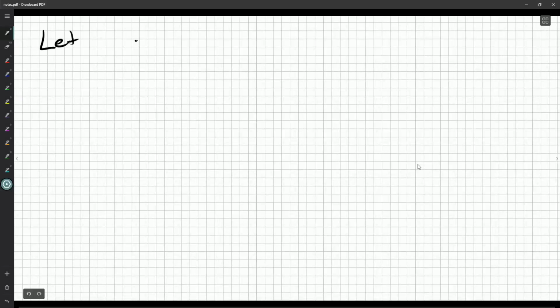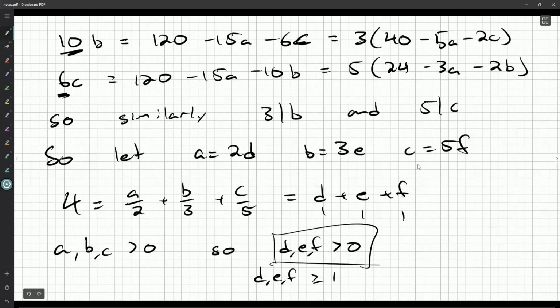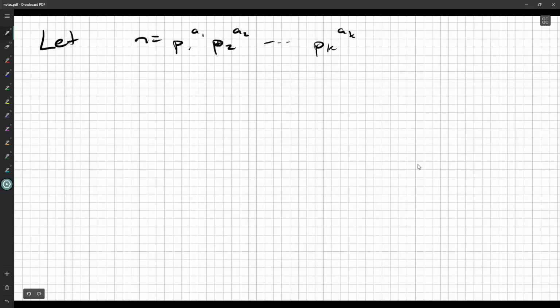So let's be general. Let's start with n is p1 to the a1, p2 to the a2, and so on. I don't know how many primes we're going to need. I would guess, if sort of the same reasoning holds that you have to have these factors, and you want it to equal to 3 instead of 4, I would guess at most you can have 3 prime factors. But let's not put any restrictions on there right away.